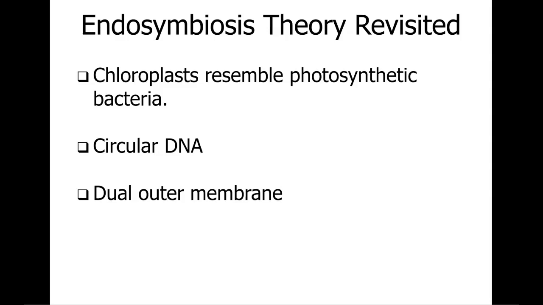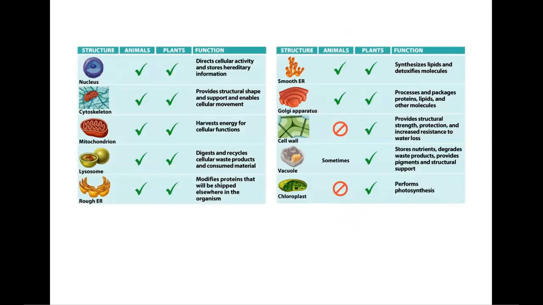It also contains its own DNA that does not match the cell, and it is in a circular form. And it has a dual outer membrane, which suggests it had a cell membrane. And then it also has the membrane of the cell that it wrapped around as it came in through endosymbiosis.